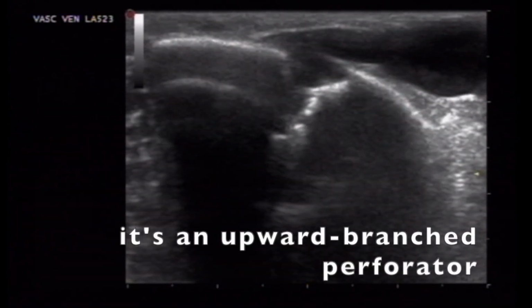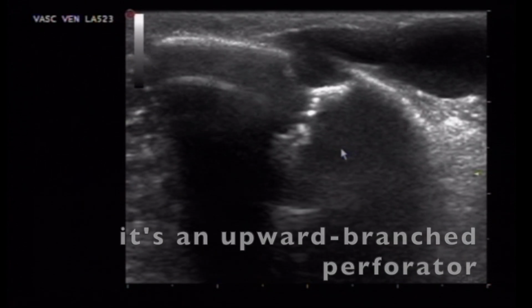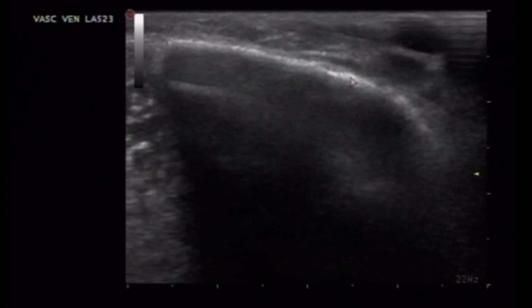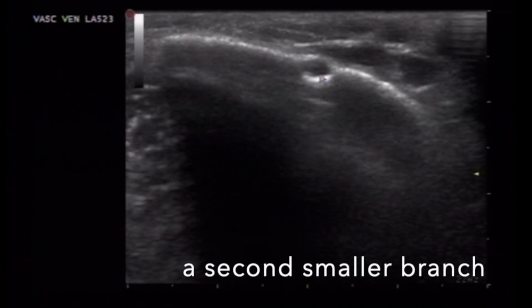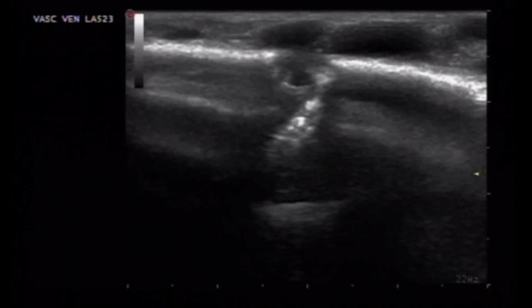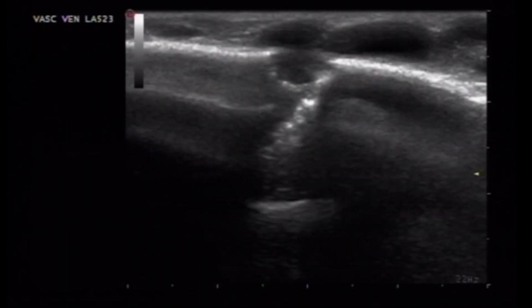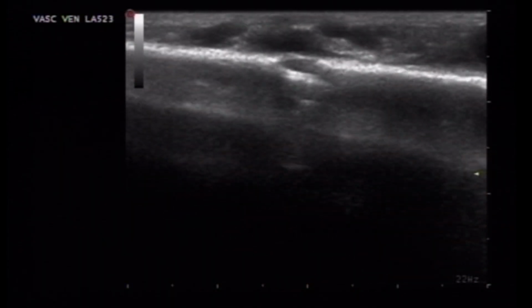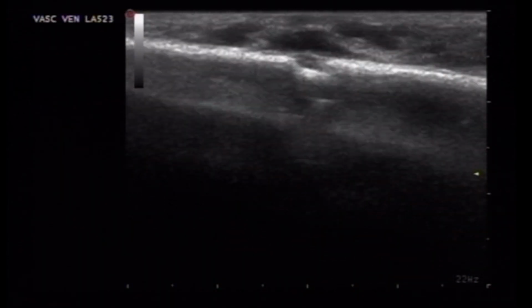It's an upward branched perforator vein. Clearly detectable alteration of the bone profile of the tibia. Main branch of the perforator. Second smaller branch of the perforator.